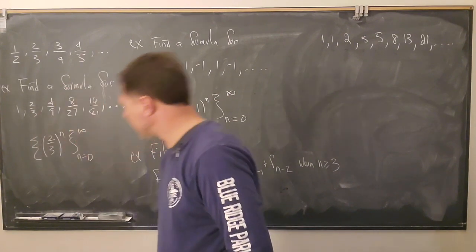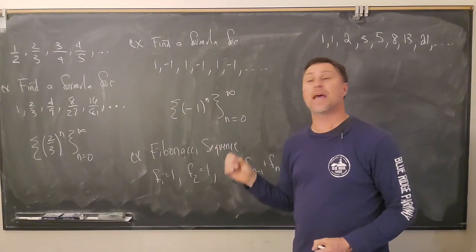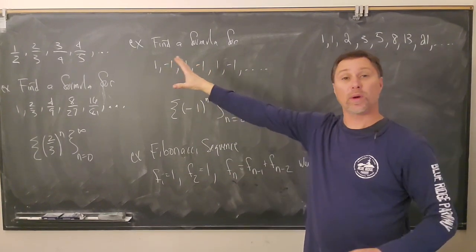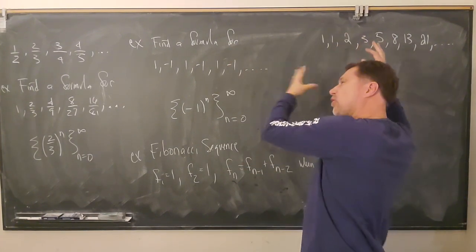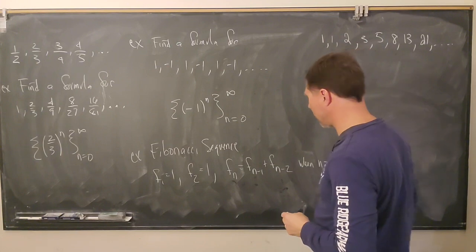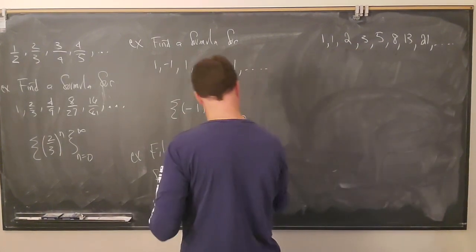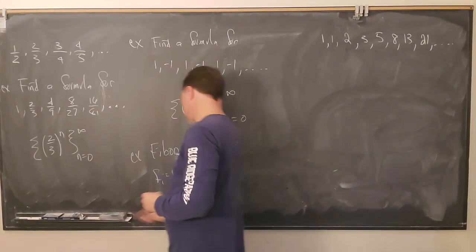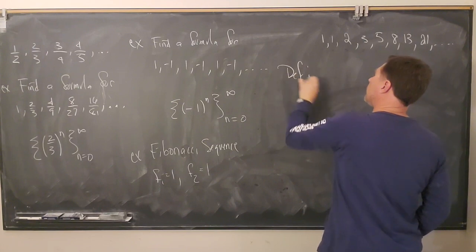Now, our concern is going to be what happens to the terms of the sequence as n gets larger and larger. We want to study how the sequence behaves as we go farther and farther down the line. So we want to try to characterize the behavior of a sequence. And so here's a definition.